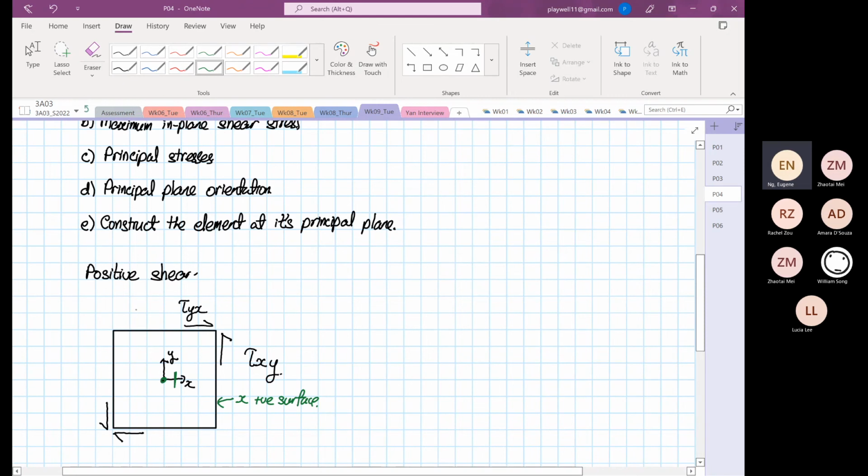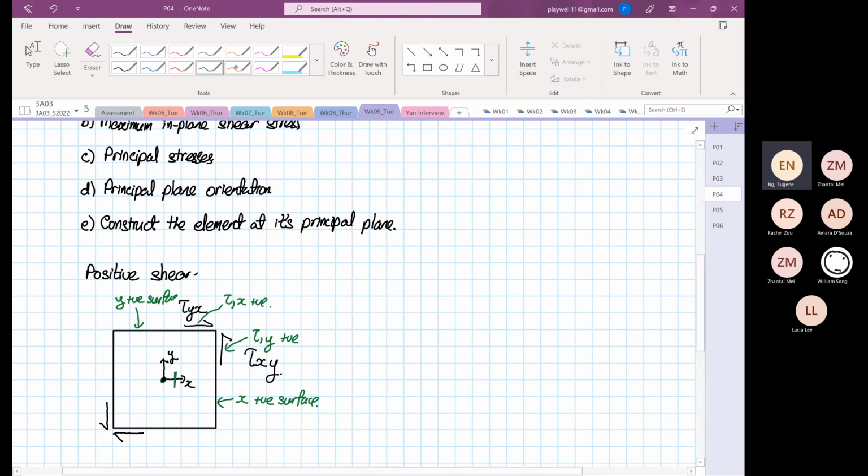This surface over here is a Y positive surface. The arrow is going up, so it is the Y direction, the shear in Y. It's going up, so it is positive. And the shear over here in terms of X is also positive because it's going up.